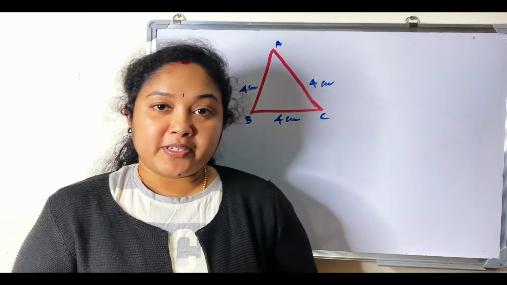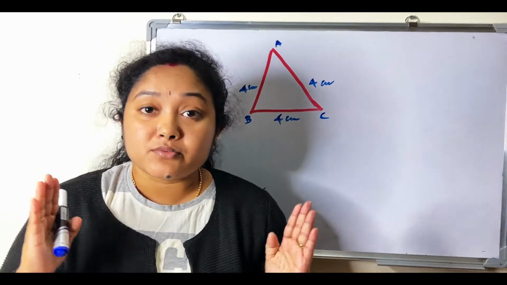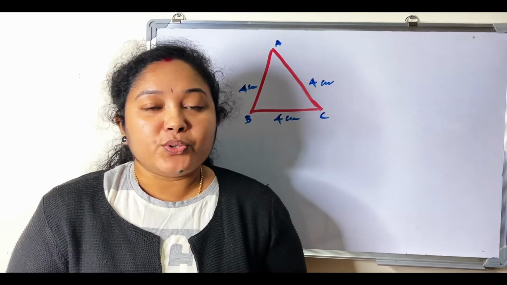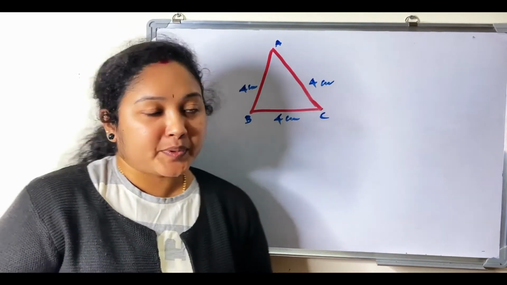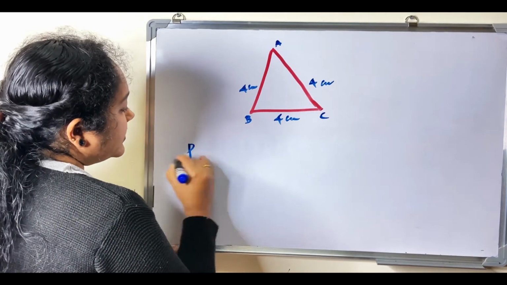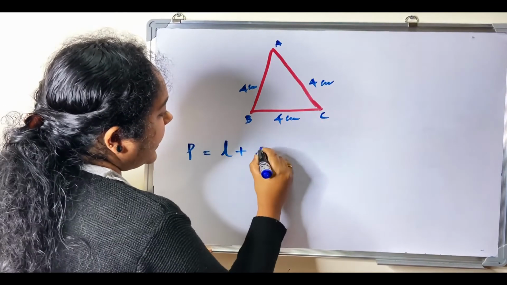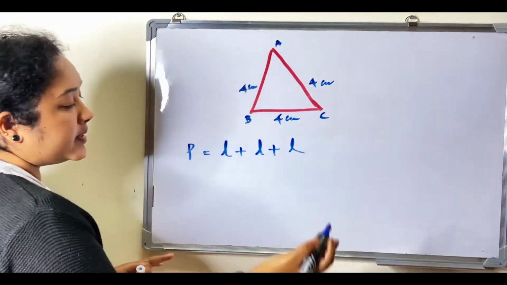Perimeter of an equilateral triangle. An equilateral triangle is a triangle whose 3 sides are equal. So this is another regular shape. The perimeter of this equilateral triangle P is equal to L plus L plus L, because 3 sides are equal.